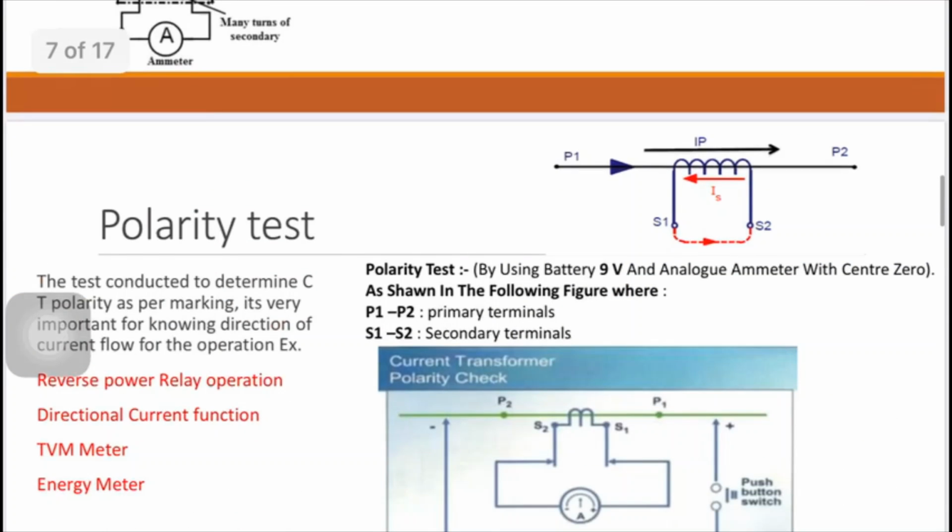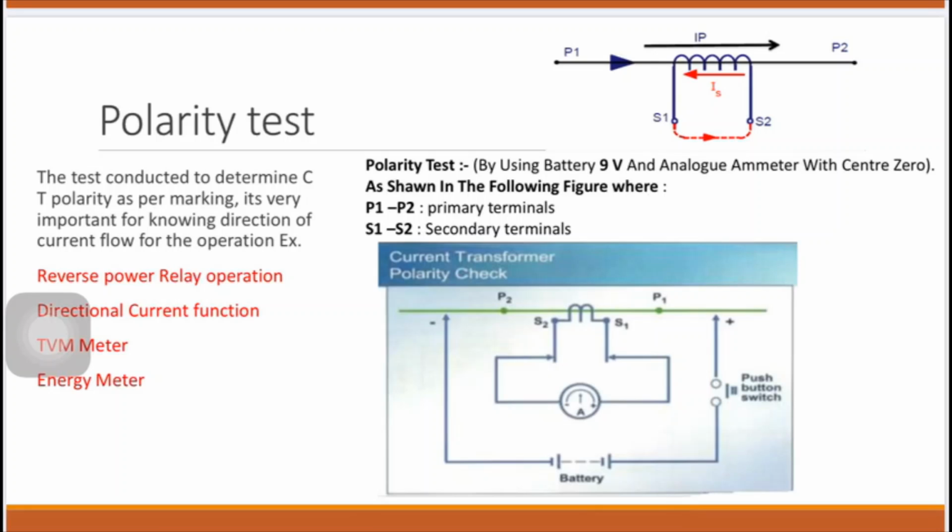The next one is the polarity test, one of the important tests to determine the direction of the current flow. For example, for a metering circuit, if the polarity is reversed, instead of measuring the import it will measure the export.